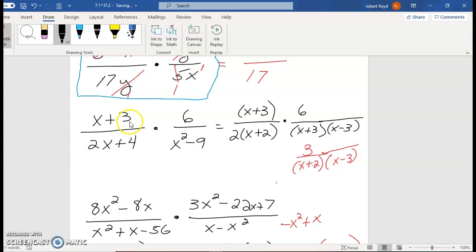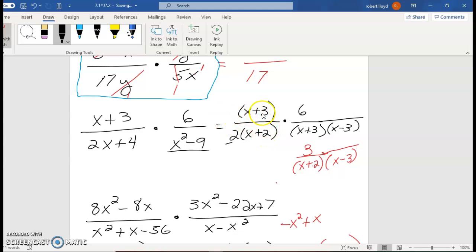The numerator of the first one stays the same, but in the denominator we can factor a 2 out of each. So we factor the 2 out, and we're left with, in parentheses, x plus 2. Can't factor the 6, but the x squared minus 9 is the difference of squares. No middle term. So it's x plus 3 and x minus 3.